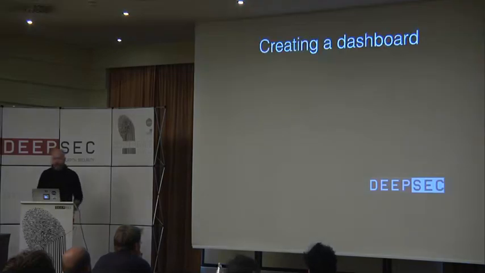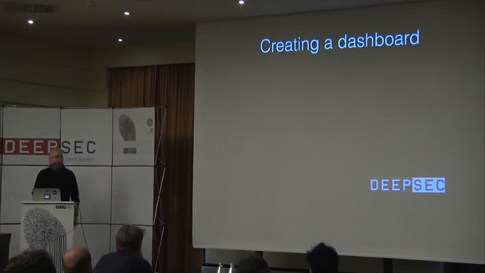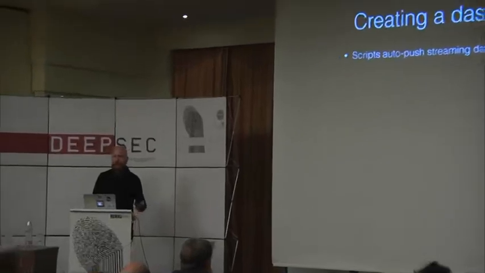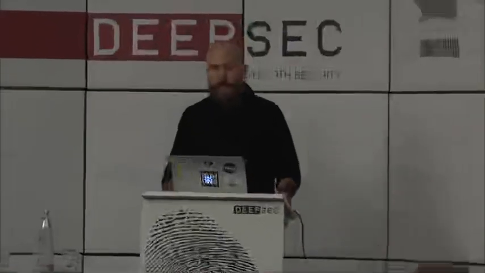So anyway, I'm going to get to stuff I've created to make this a little easier to work with on streaming data. If you're creating a dashboard, I've got scripts to auto-push streaming data into a database. I'm using MongoDB just because it's easy, and I really like Elasticsearch, but I just chose MongoDB because I did. So I have other scripts that auto-process that data from MongoDB.